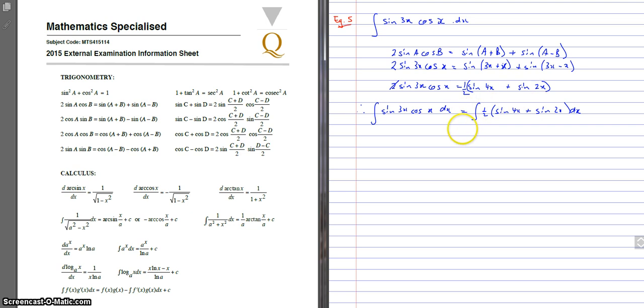Okay, we take our half out the front. And now this is easy to integrate. The integral of sine 4x is negative 1/4 cos 4x, and the integral of sine 2x will be minus 1/2 cos 2x.